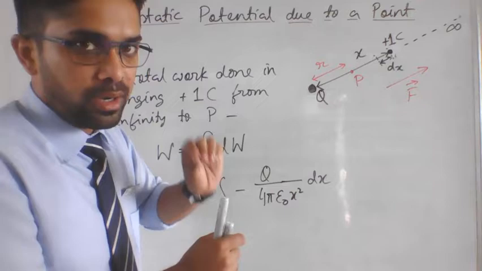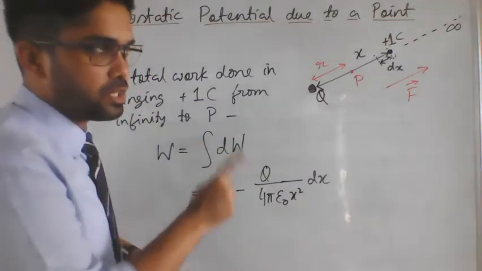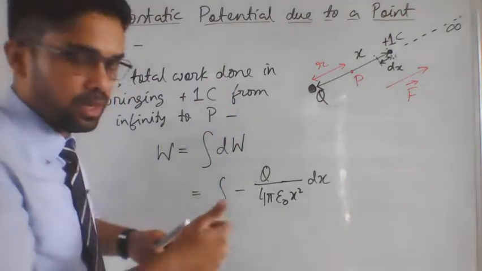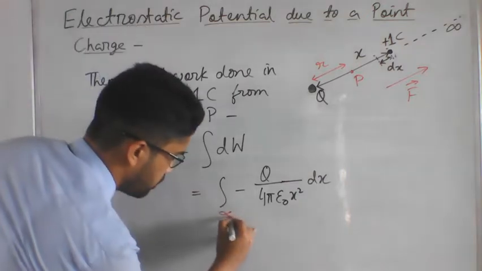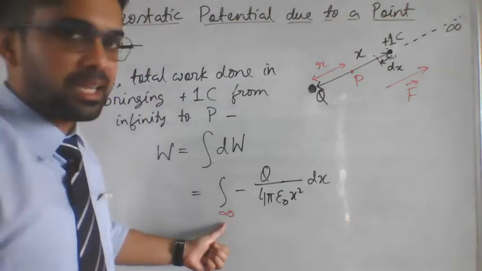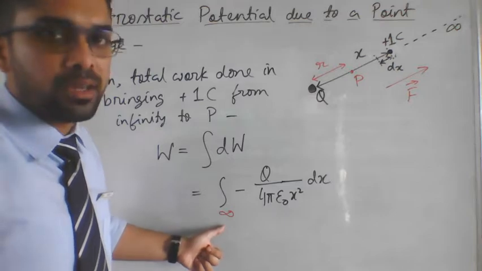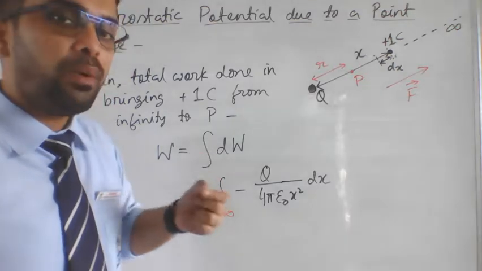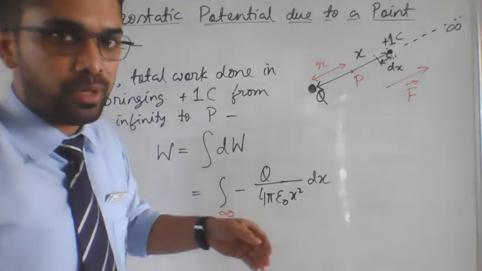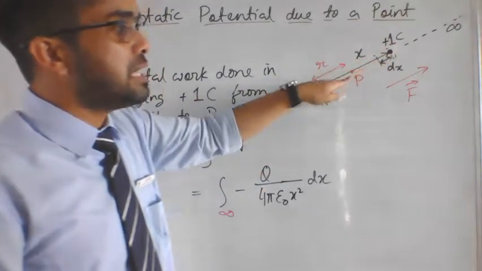So the lower limit or the lower boundary of our integration is starting at infinity. That is what we call the lower limit of integration, or the initial boundary. It will be given below the integration sign. Okay, and where will our integration be ending? The final boundary is at the point P.